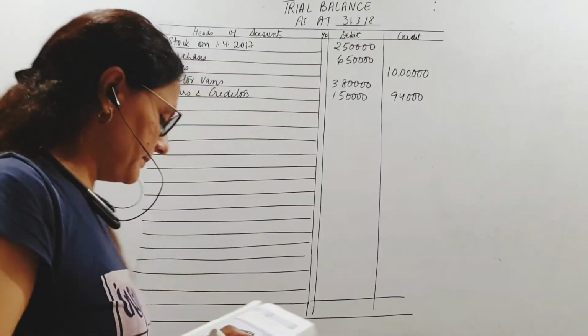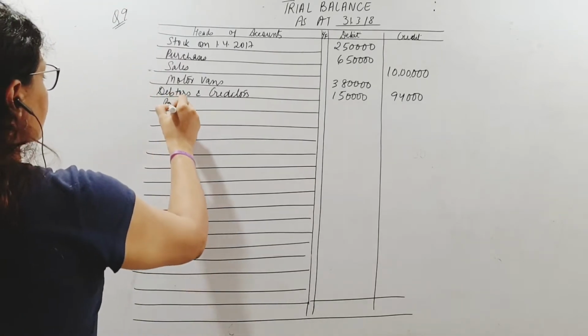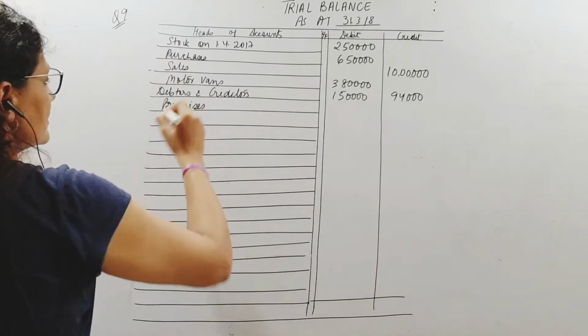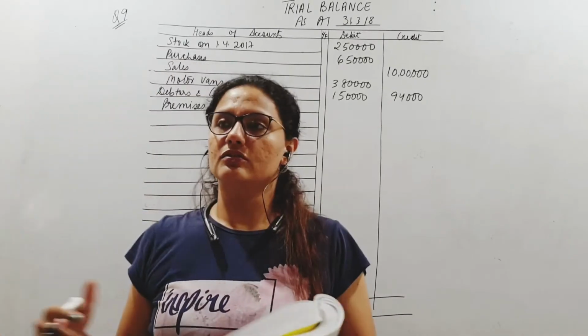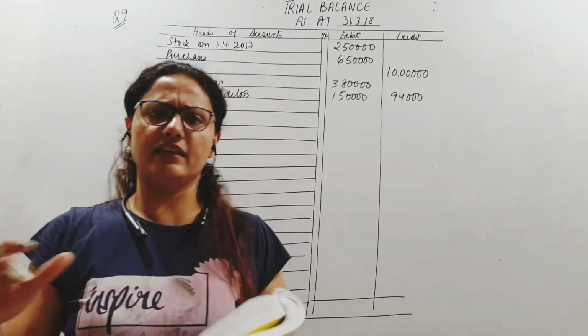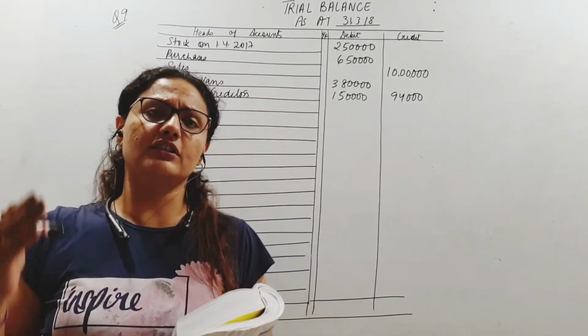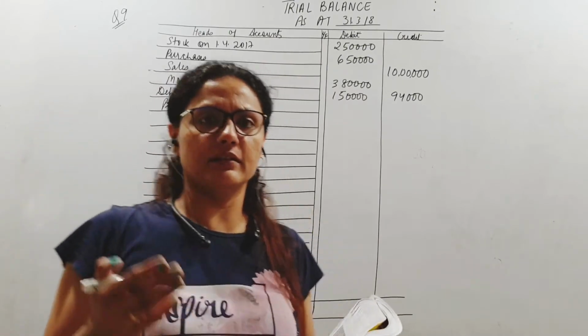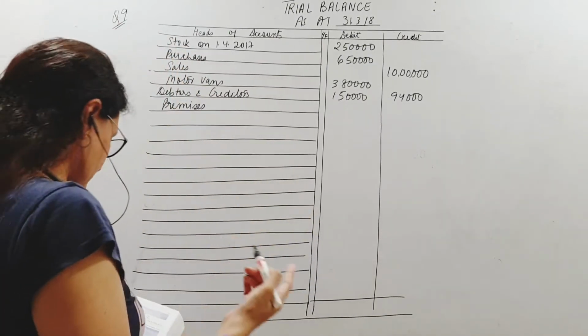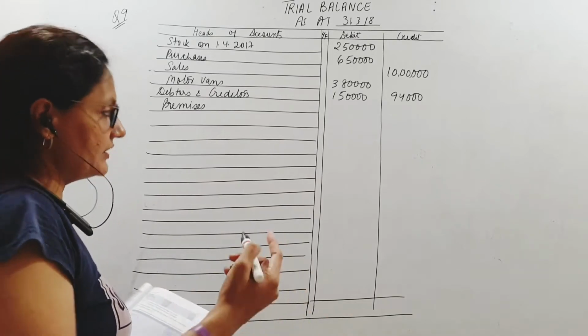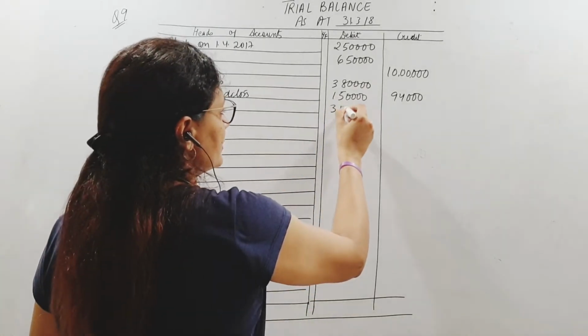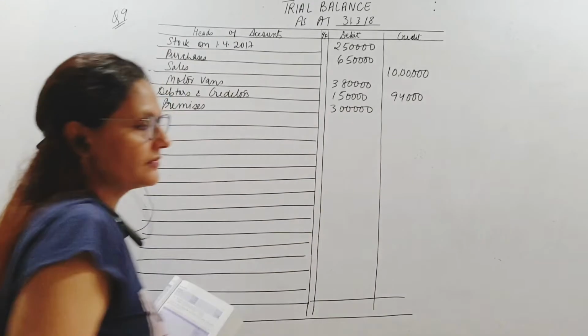Then we have premises. What is the meaning of premises? Meaning the entire campus, the building, the land, everything attached to the place of business. Obviously, it's an asset for me. See, here it is given 3 lakhs on the credit column. So here is one mistake we have found out.